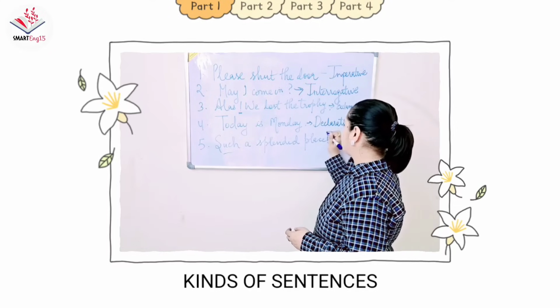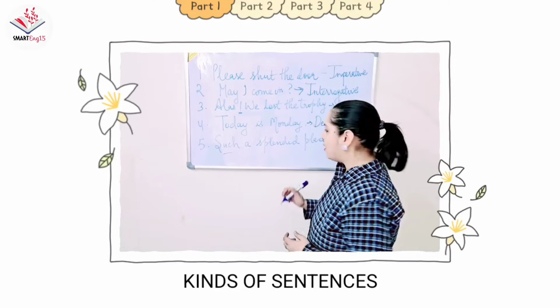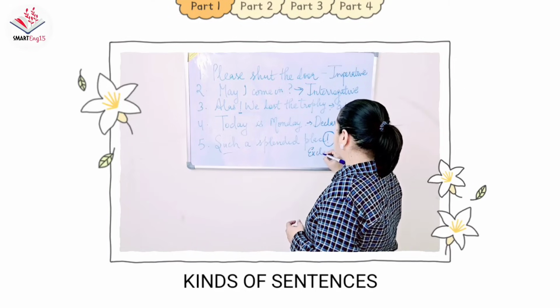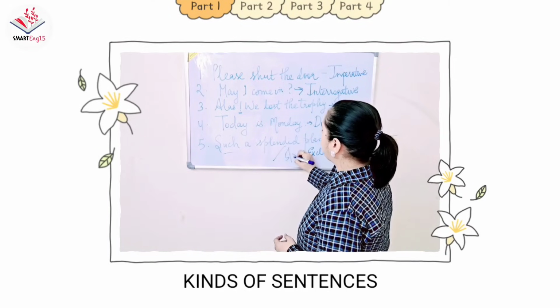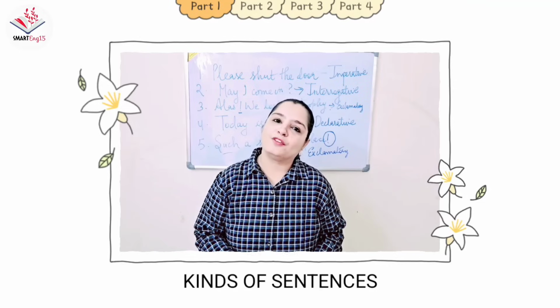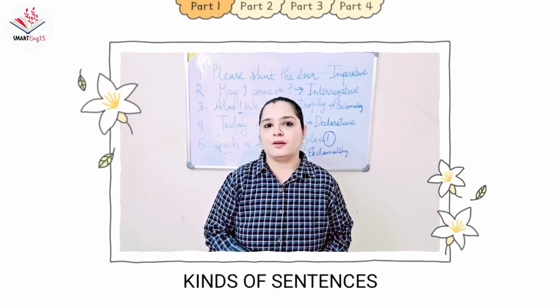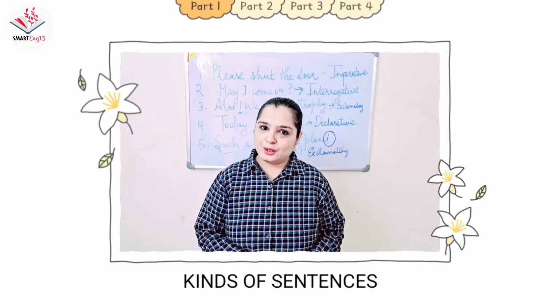I will say that. Smart cookie. Because here is an exclamation mark. So you have got 5 on 5. Congratulations and thank you so much to all of you for joining me in this video and watching this complete video. I hope this video was helpful to you.